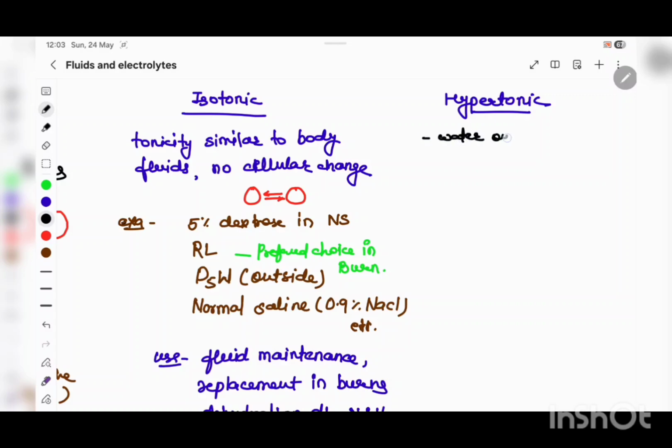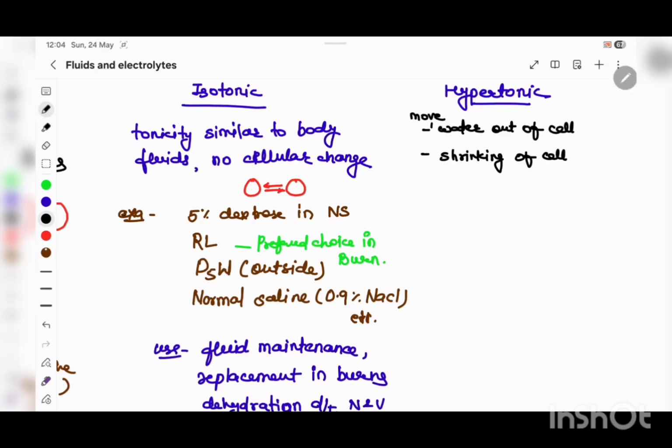Water comes out from the cells, water moves out of the cells. So what will happen? There will be shrinking of the cell, and cell size will decrease. If water comes out, then cell size will decrease.